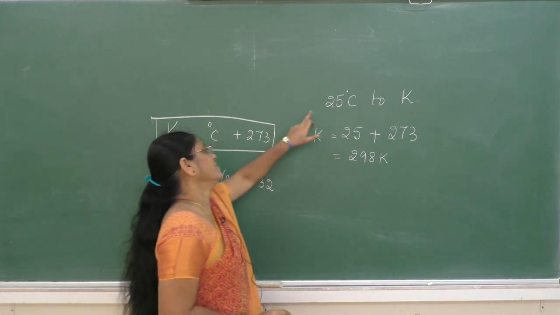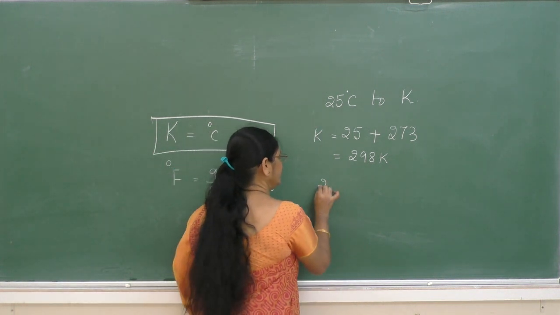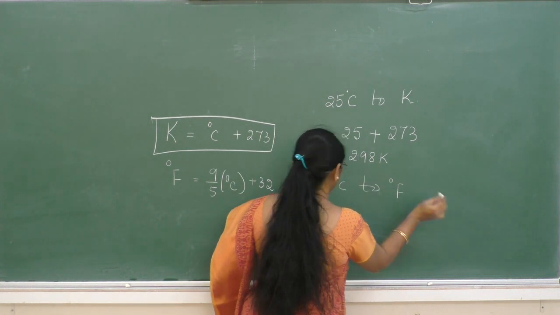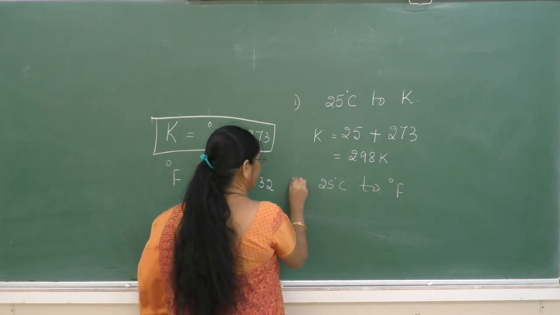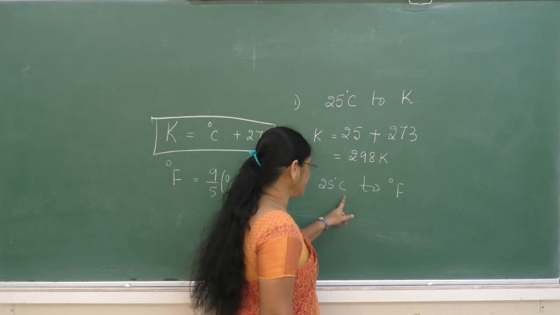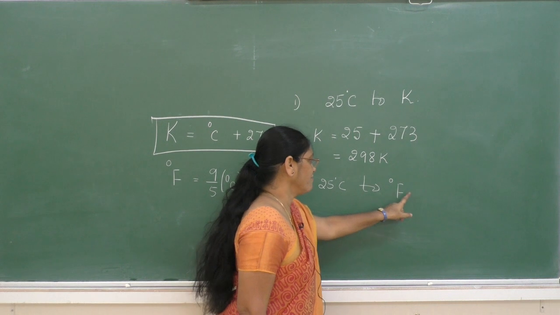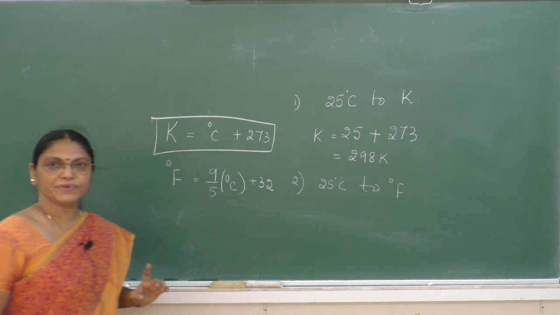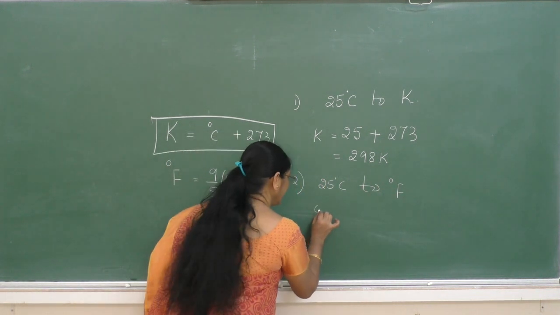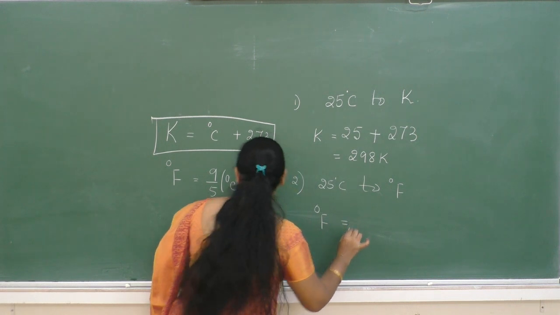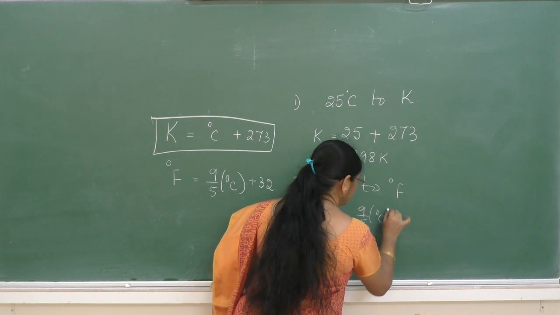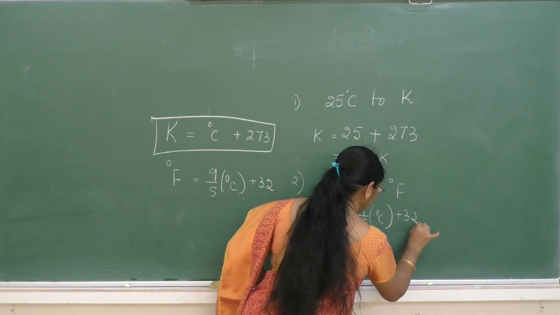This is the first conversion and this is the second conversion: convert 25 degree Celsius to degree Fahrenheit. What is the relationship between degree Celsius and Fahrenheit? Degree Fahrenheit is equal to 9/5 of degree Celsius plus 32.